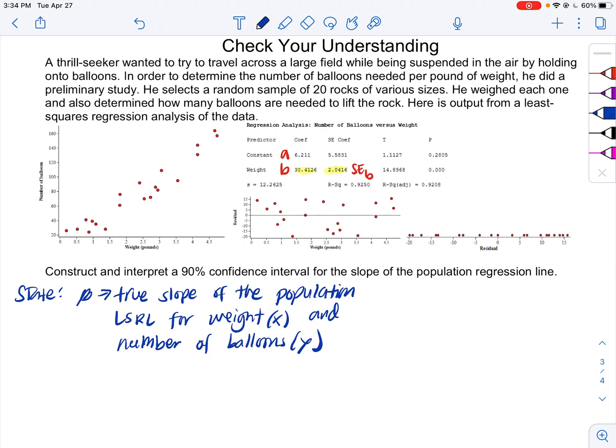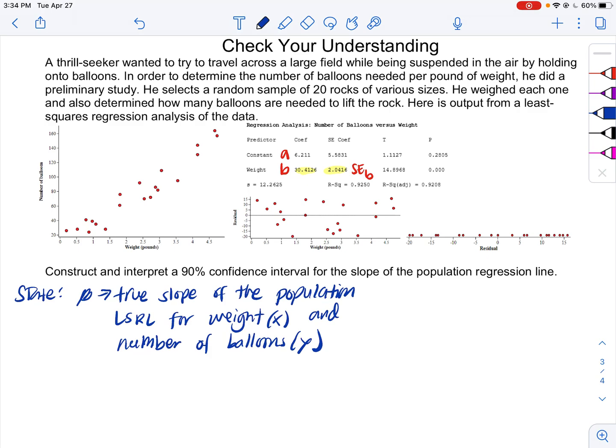A thrill seeker wanted to try to travel across a large field while being suspended in the air by holding onto balloons. Sounds dangerous. In order to determine the number of balloons needed per pound of weight, he did a preliminary study.